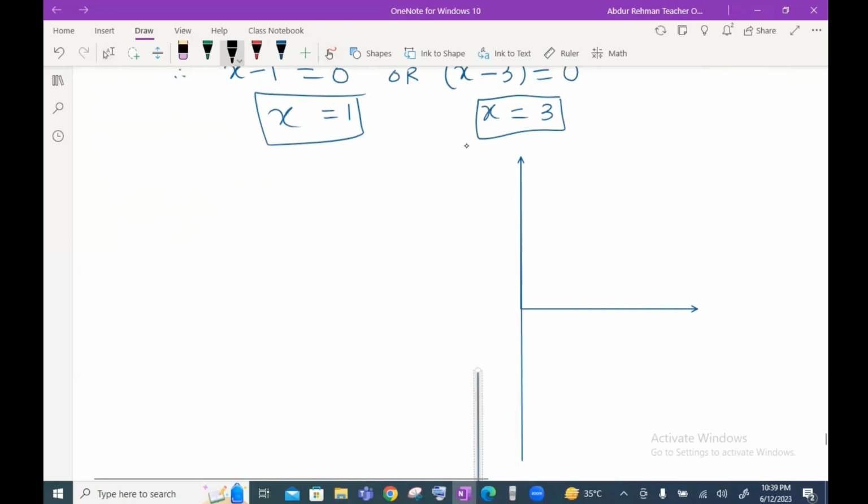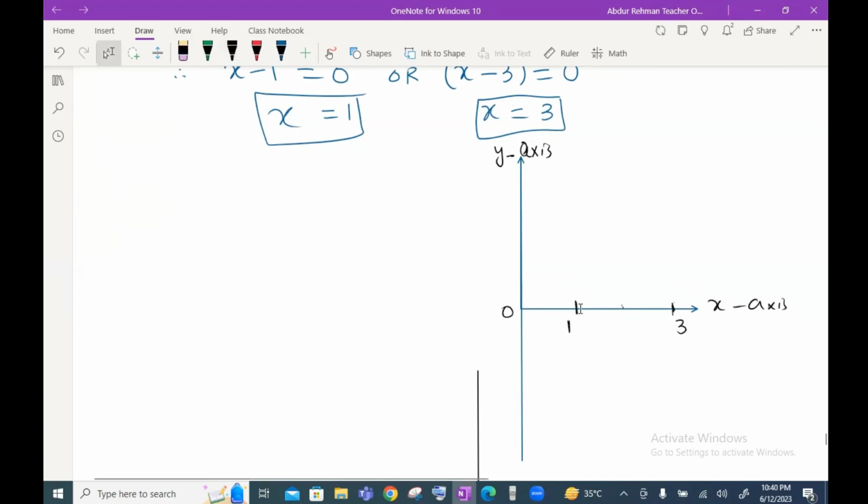So this is our y-axis and this is positive x-axis. Suppose this is x equal to 1 here, and this is 2 and this is 3. These are x-intercepts.